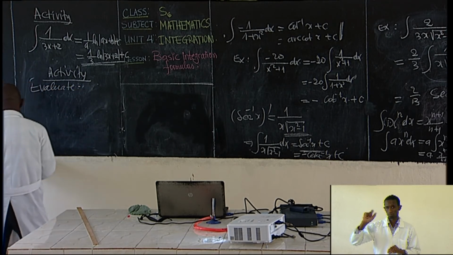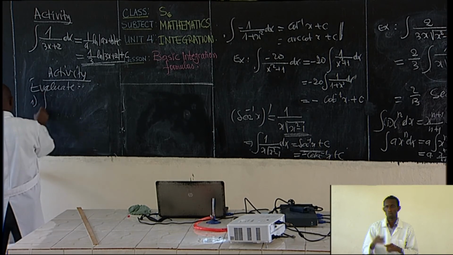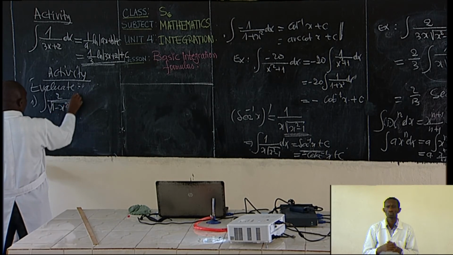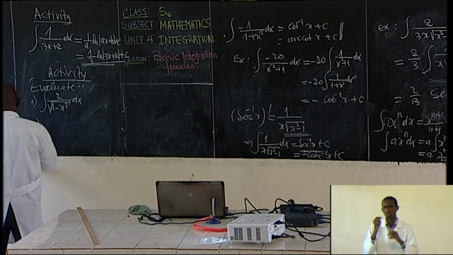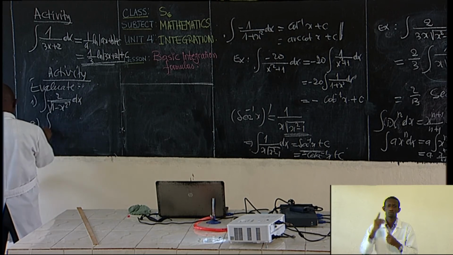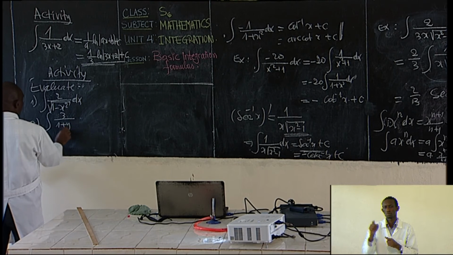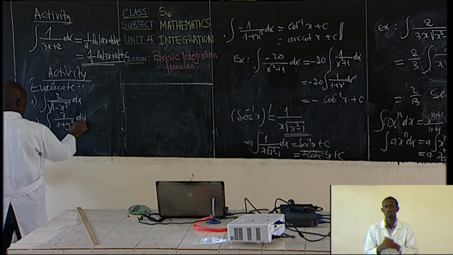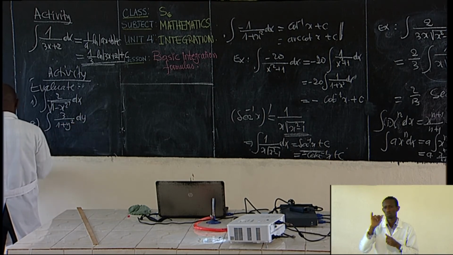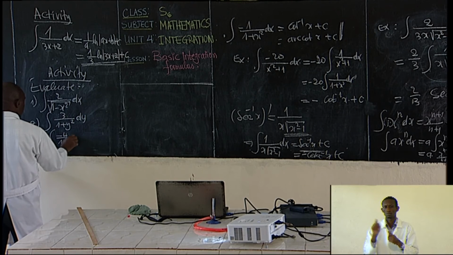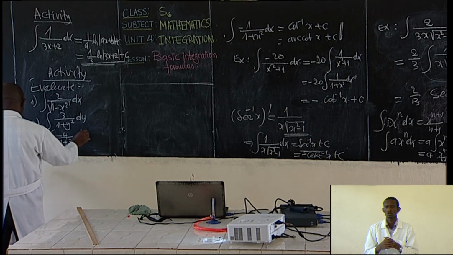these integrals. 1, integral of 2 over square root of 1 minus x squared dx. 2, integral of 3 divided by 1 plus y squared dy. Number 3, integral of negative 4 divided by 1 plus z squared dz.